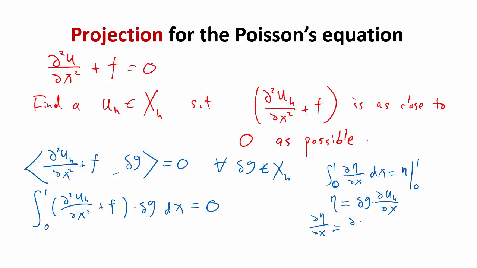It's partial delta G partial X times partial UH partial X plus delta G times the second order derivative of UH. That's just the chain rule. And then the integration from 0 to 1 of this term is exactly what we have here. So we can exchange this to a boundary term minus a term that only involves first order derivatives.